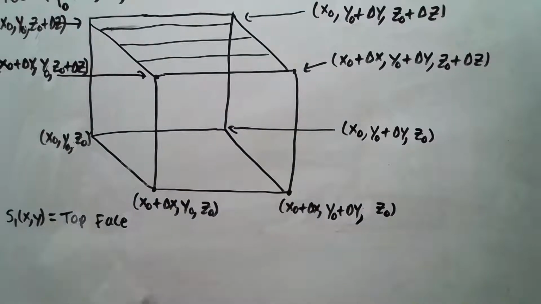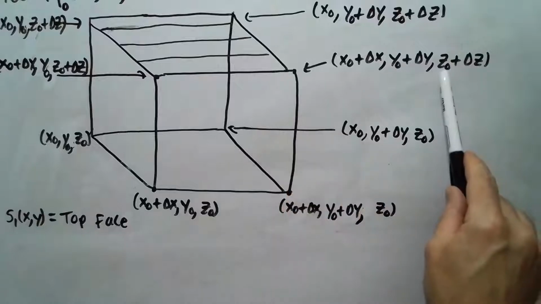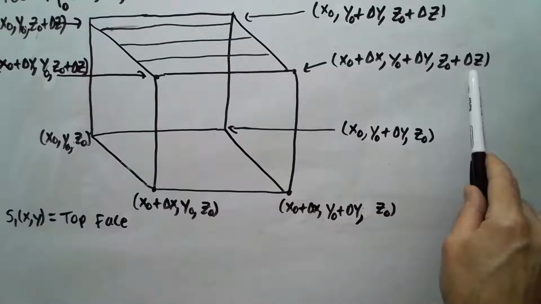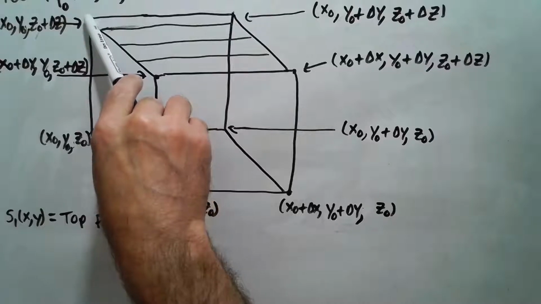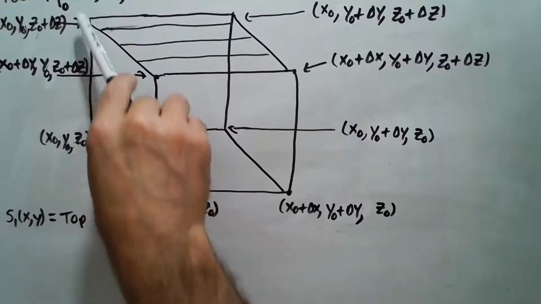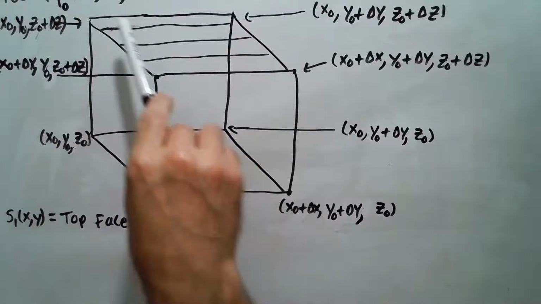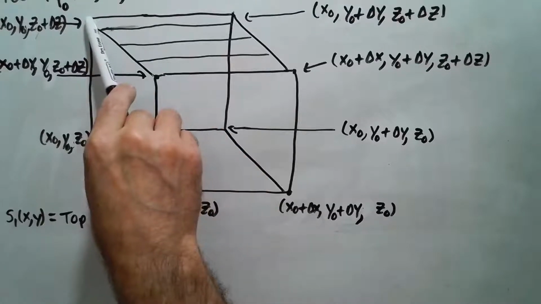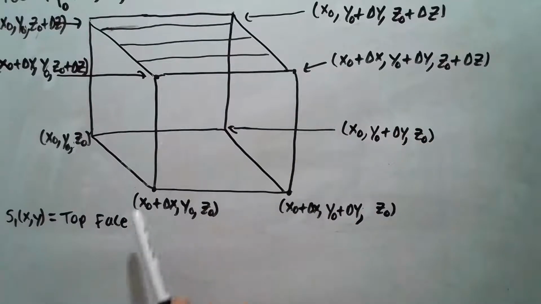Notice on the top face, the z value is constant and it's z0 plus delta z. And the x can be anything from x0 to x0 plus delta x. And the y can be anything from y0 to y0 plus delta y. So we write it here and I'll explain.